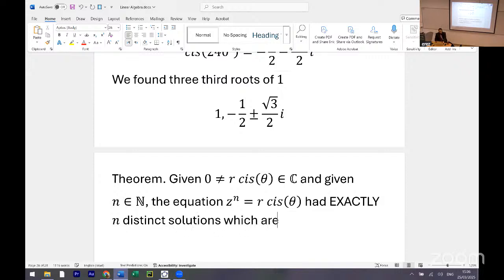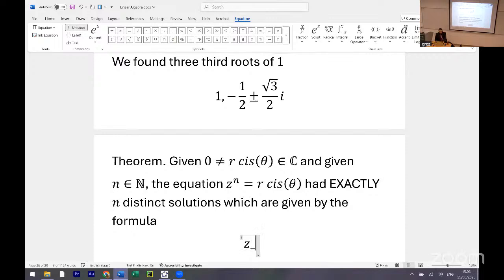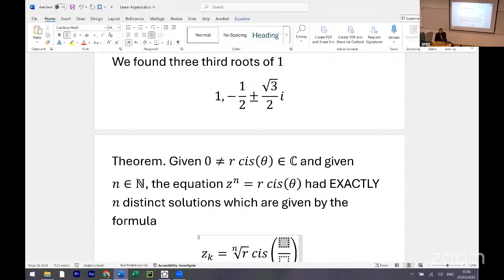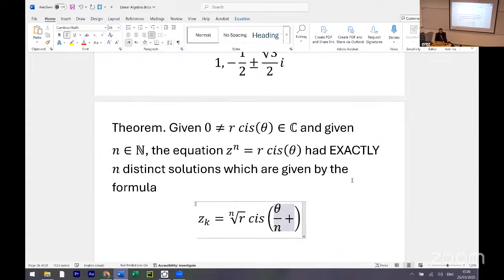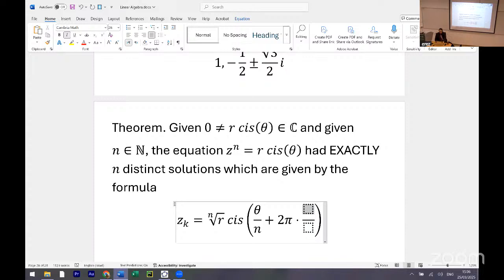which are given by the following formula: z_k equals the nth root of r times cis of theta over n plus 2 pi times k over n.